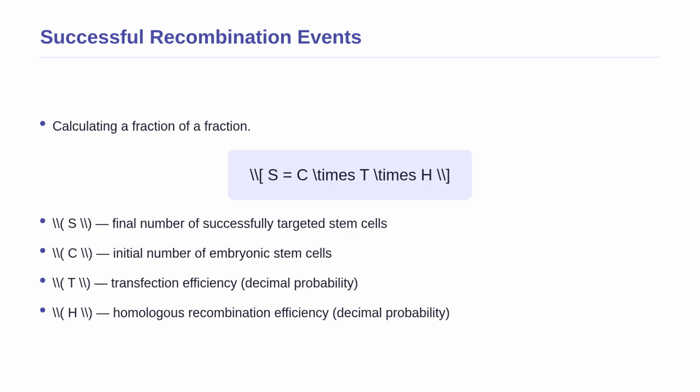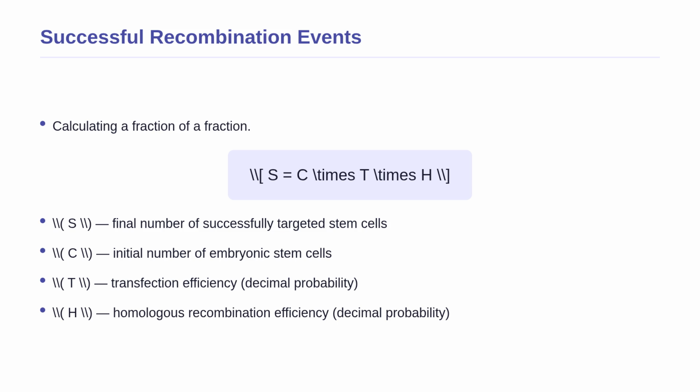To quantify this compounding difficulty, we use another simple formula. S equals C times T times H. Conceptually, this formula applies successive probability filters to a starting population of cells. S represents the final number of successfully targeted stem cells.